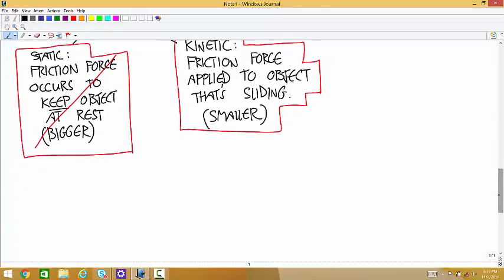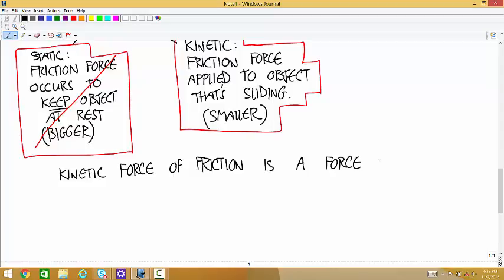Okay, so the kinetic force of friction, that's what we're dealing with. Is a force vector that first is always opposite the direction of motion.